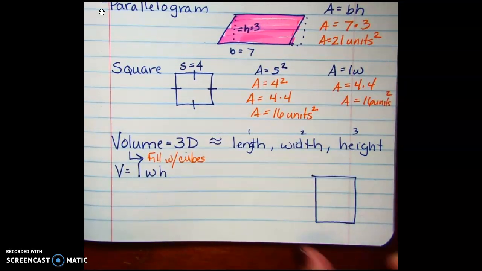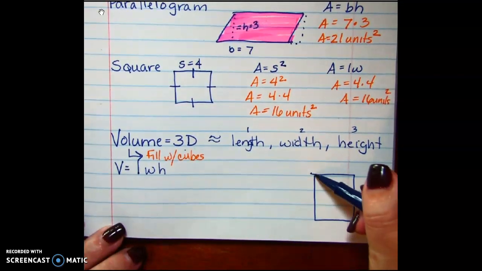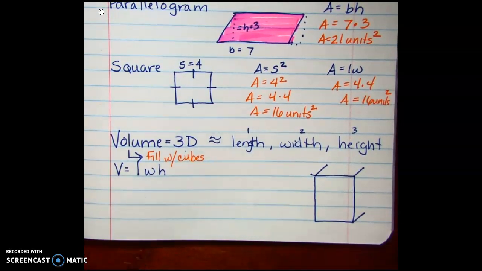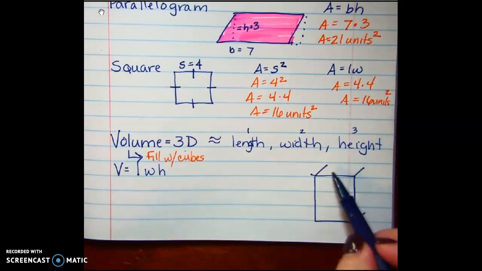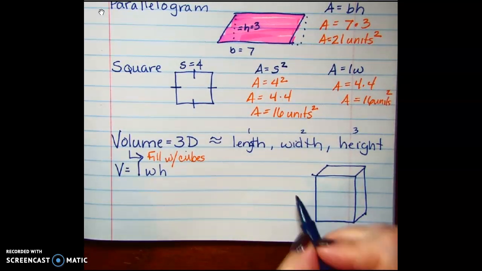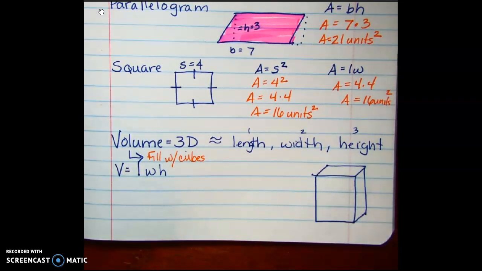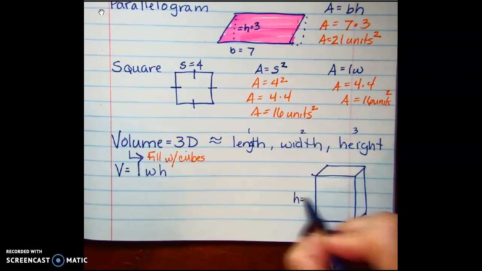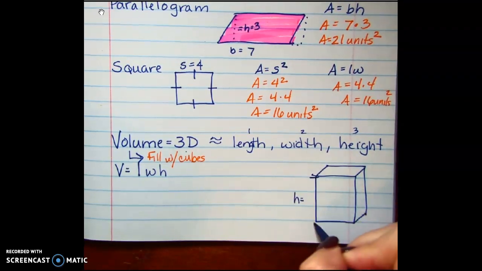But let's take a look over here. I'm going to draw my rectangular prism because a rectangular prism is a 3D shape. I drew a rectangle, I did some slanted lines from the corners, and now I connect. So now I have, what are my 3 dimensions? Well, first I have height, which is right here.